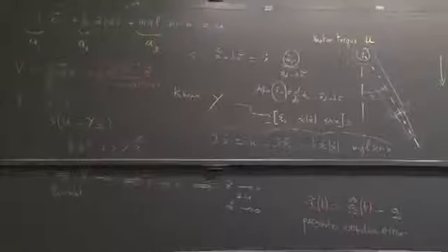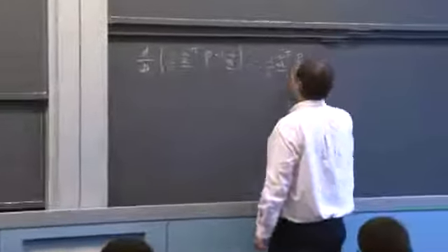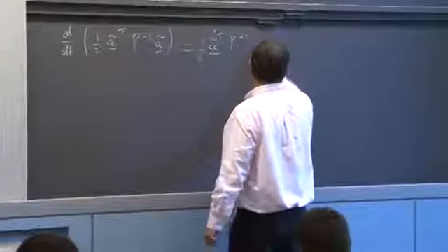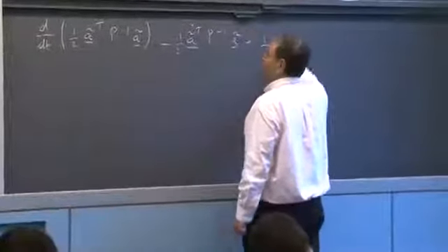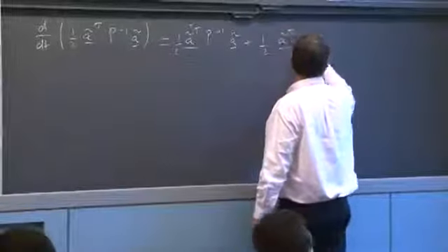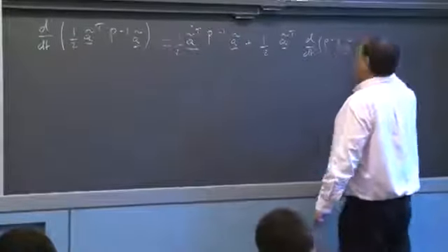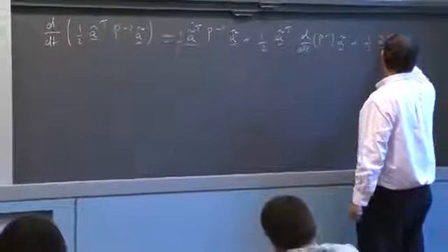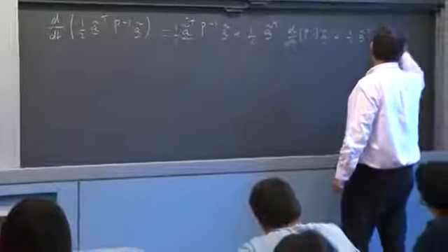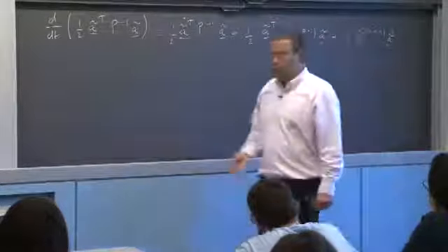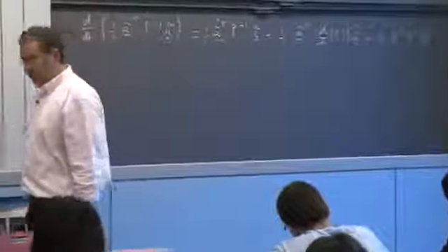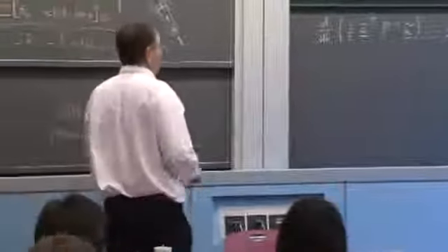It gives us 1/2 of a tilde dot transpose p inverse a tilde, plus 1/2 of a tilde transpose d over dt of p inverse a tilde, plus 1/2 of a tilde transpose p inverse a tilde dot. Just the derivative of a product of 3 terms, with the 1/2 getting out of that.